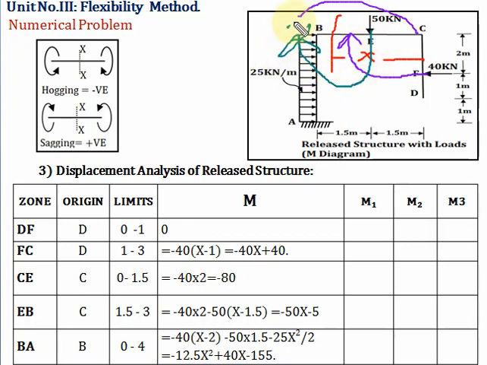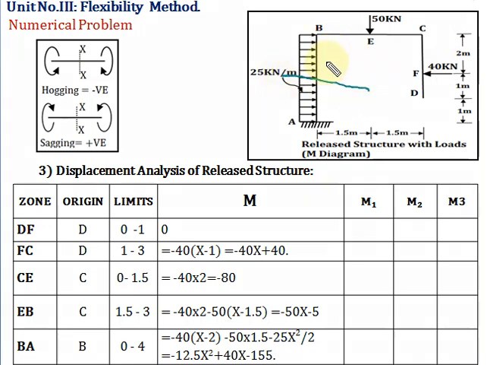Again the nature of bending moment will be sagging, as we are standing inside the frame. So as the nature of bending moment is sagging, here the sign is positive. The intensity of force is 50, so here we have to find this distance. The total distance is X minus 1.5. So the bending moment in zone EB will be minus 40 times 2 plus 50 times X minus 1.5, after solving this expression.